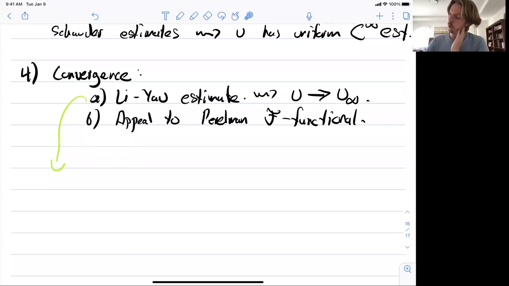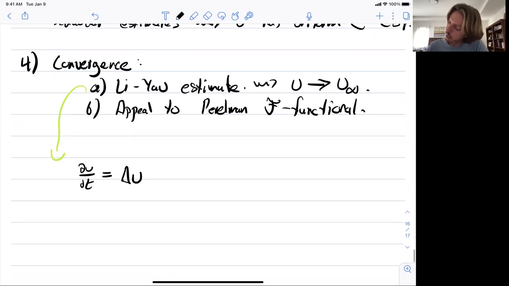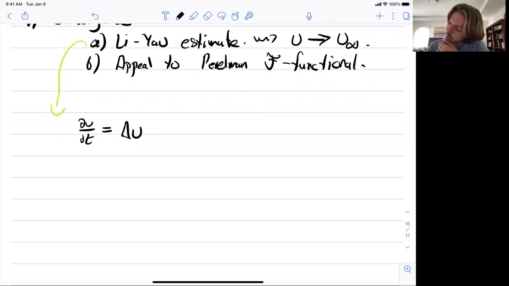It's quite robust. Basically the classic Li-Yau is you have a positive solution u to the heat equation, and then you try to estimate the gradient of log u squared.